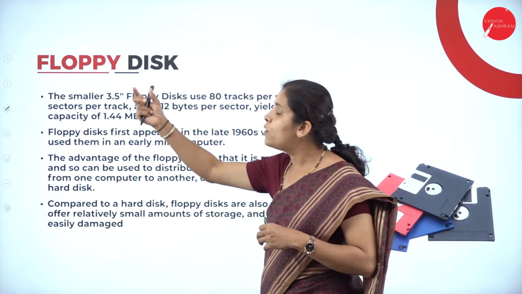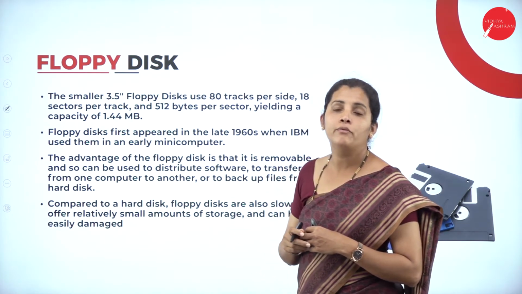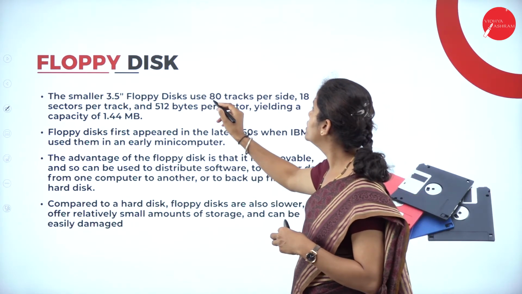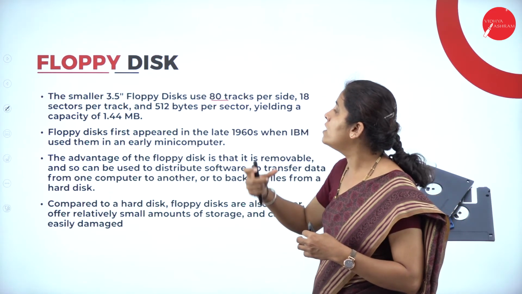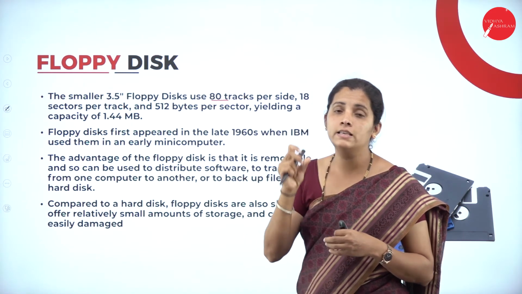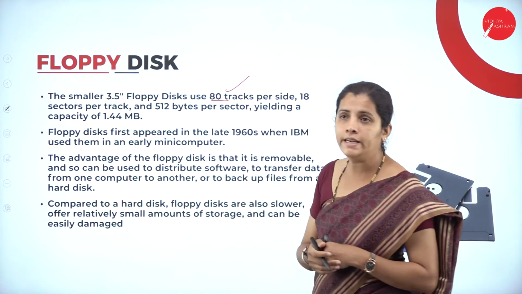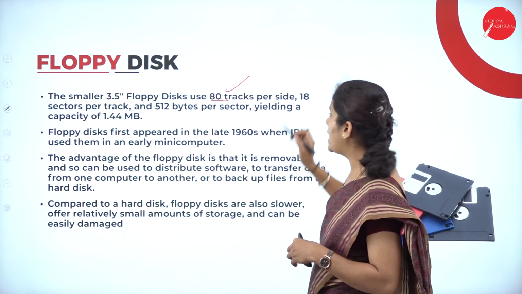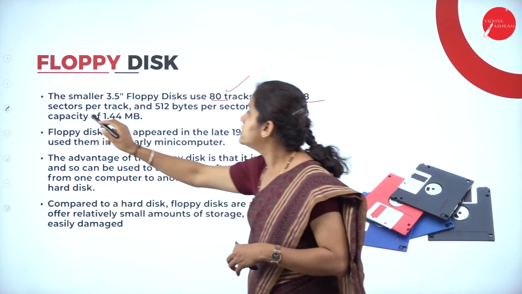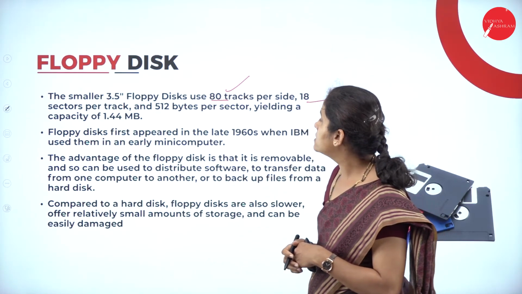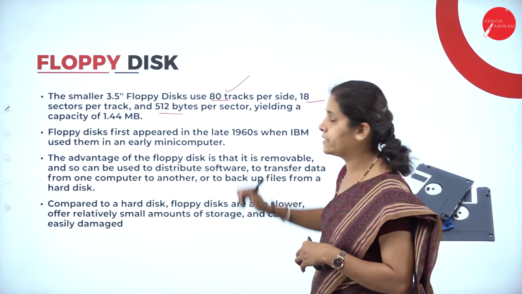The smaller 3.5-inch floppy disk uses 80 tracks per side, 18 sectors per track, and 512 bytes per sector.